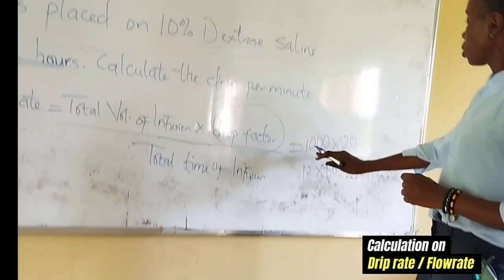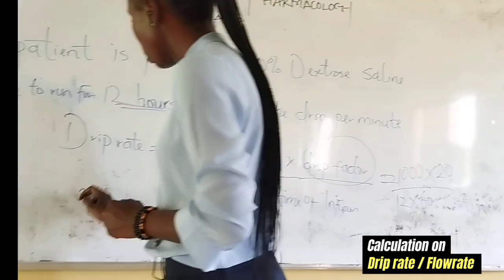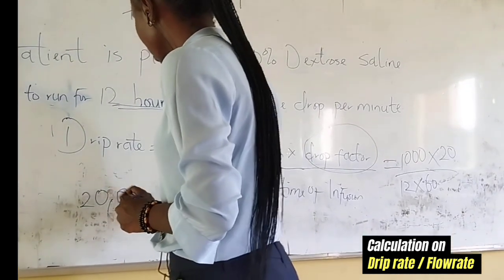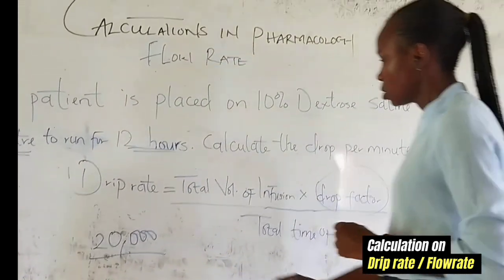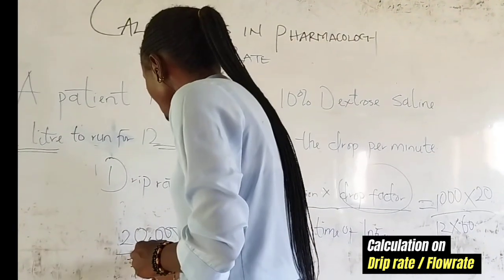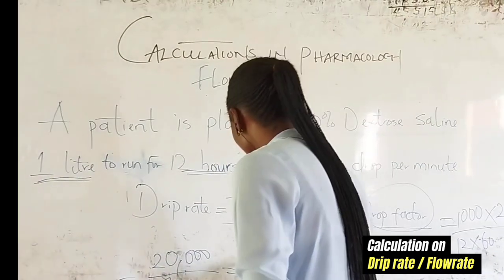So 1000 times 20 is going to give us 20,000. Then 12 times 60 will give us 720.